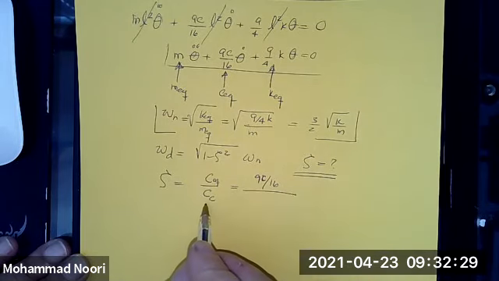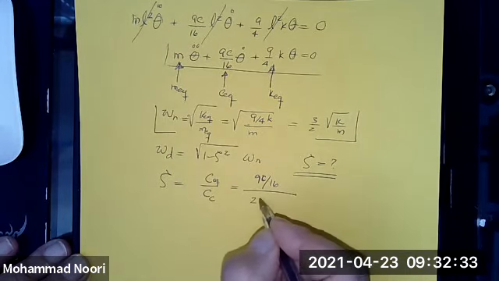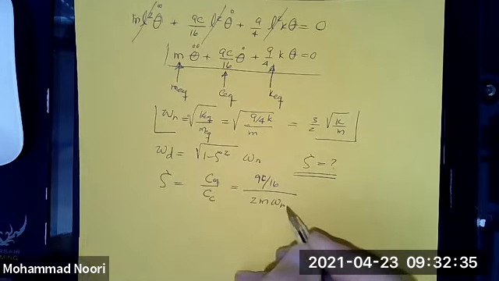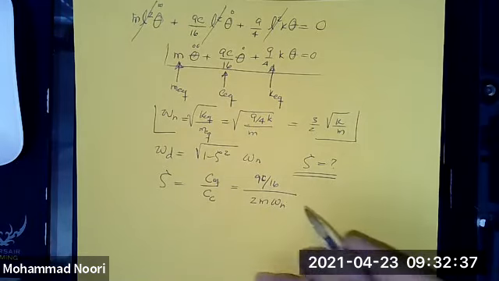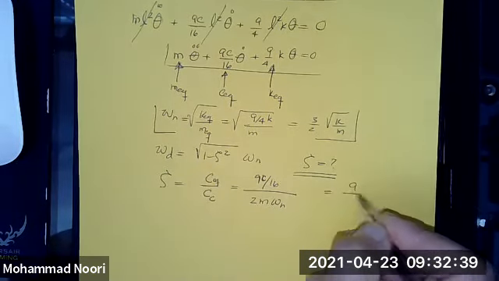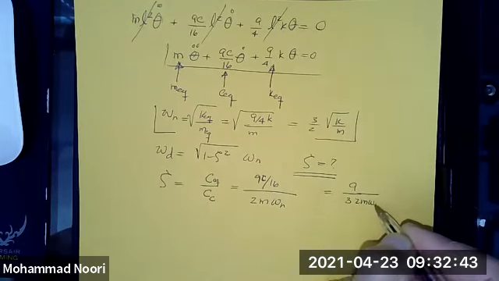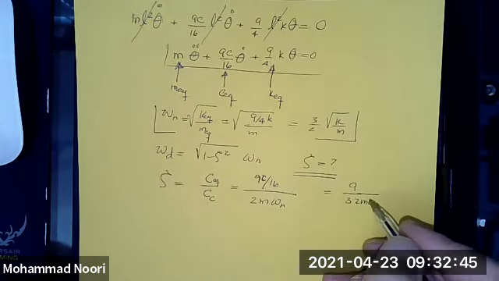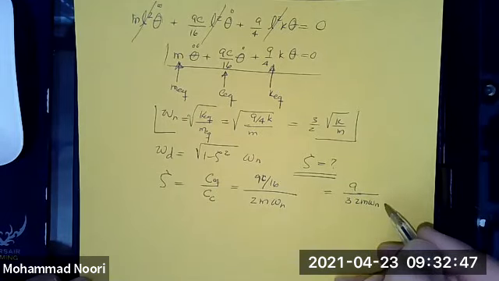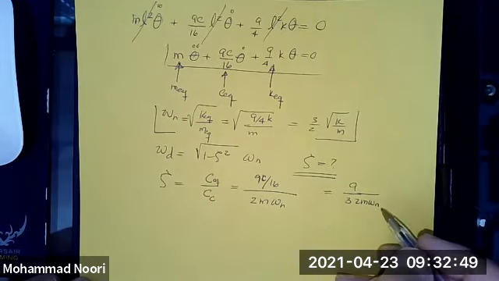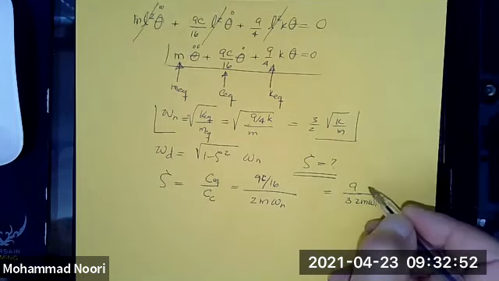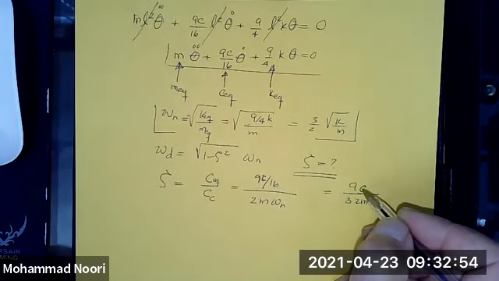What was critical damping? That was 2m omega n. So it is 9/32 m omega n. But I like to simplify this a little bit more. So, of course, 9c.